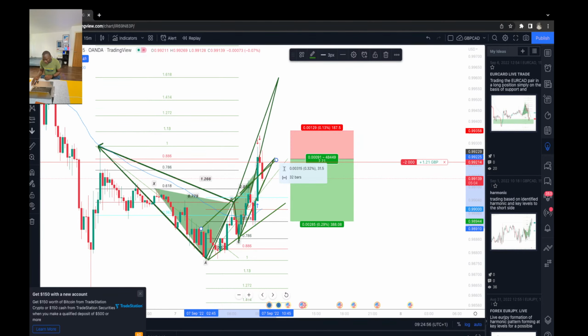It's not a guarantee of success, but at least it increases your chances by planning what you want to do. Because if you fail to plan, you plan to fail. I don't know if I'm making sense. Basically, if you don't plan your trade, you fail. That's what I'm trying to say. And stick to your plan as well.